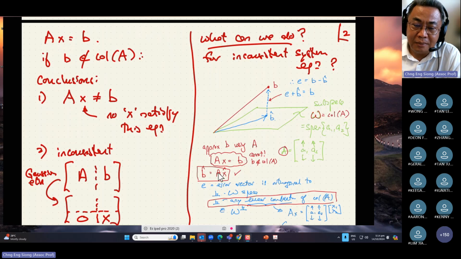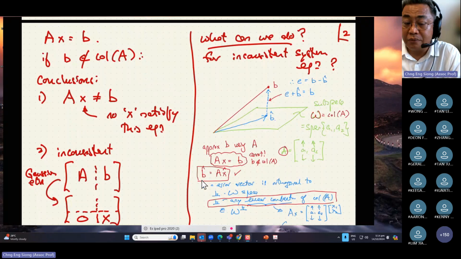And B hat can be there because it is nothing but A times X hat. And A times X hat means find anywhere on the floor, and then I find a place here such that the error vector is the smallest. And the smallest, because of the Pythagoras theorem, this is one side, the short side. Because if I move away, it becomes a hypotenuse.